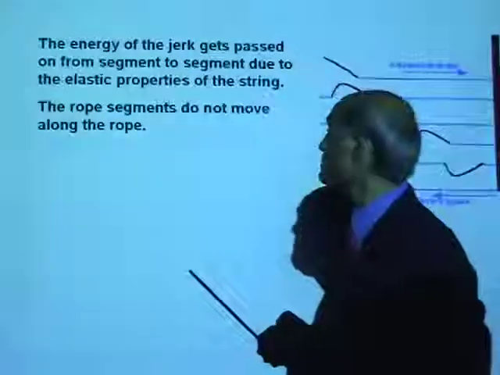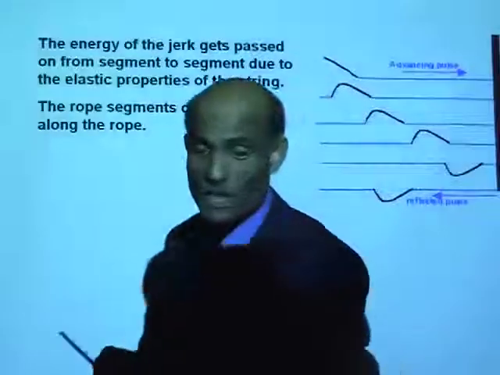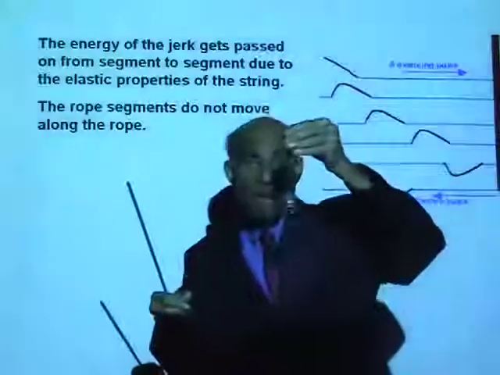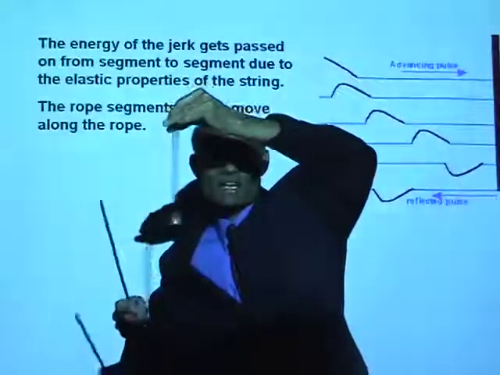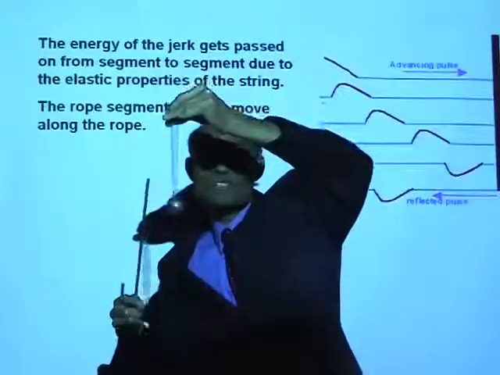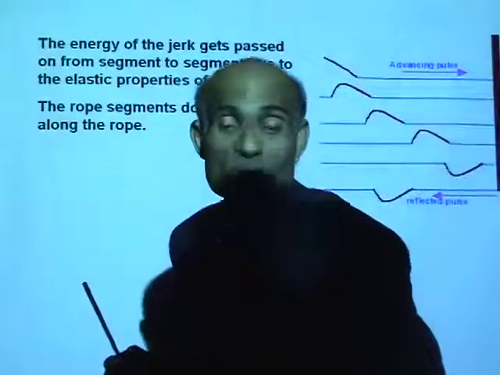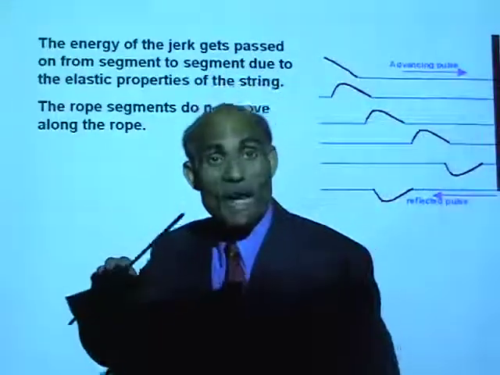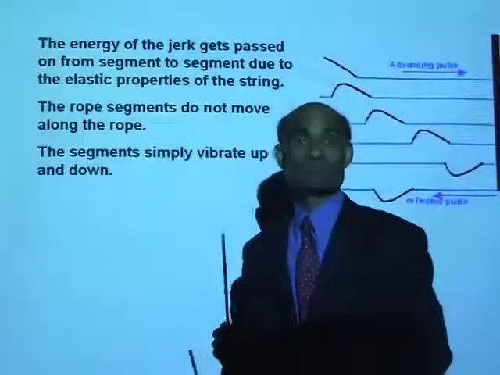Now, remember, the rope segments do not move away from their positions. The rope segments simply vibrate up and down like this particle. You see that? Each segment executes simple harmonic vibrations just like the simple harmonic vibrations of the spring, and the energy gets transferred along the medium.